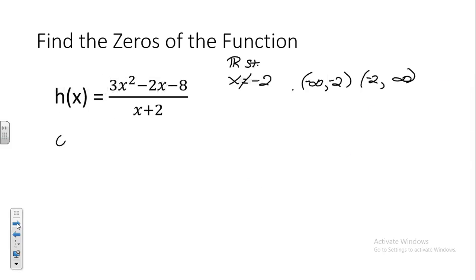So we say 0 is equal to 3x squared minus 2x minus 8 over x plus 2. That's like a 0 over 1, right? How do we solve a fraction equals a fraction? Yeah, cross multiply. 0 times x plus 2 is gone, and I get 3x squared minus 2x minus 8.